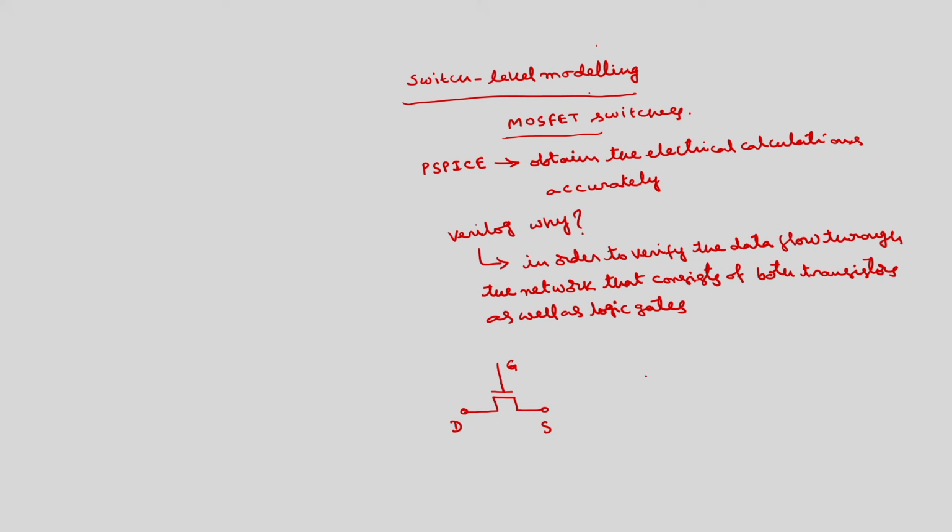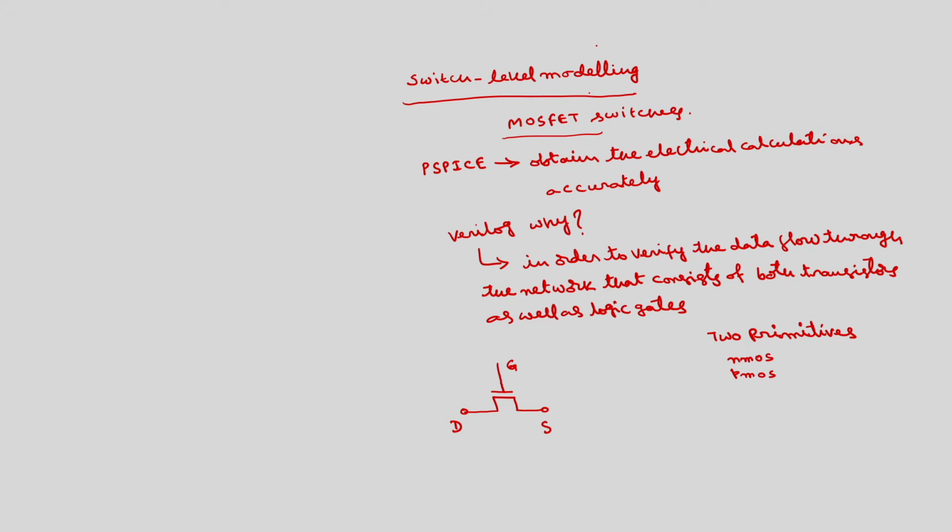In order to code this in Verilog, we will use 2 primitives to represent NMOS and PMOS. One is NMOS, another is PMOS.